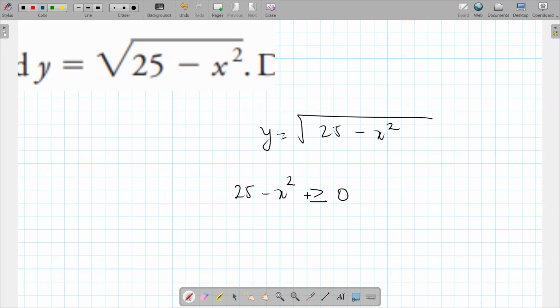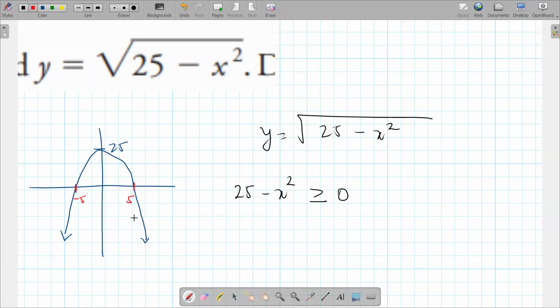So what does 25 minus x squared look like? The y-intercept is 25. Minus x squared means it's going to open upside down. It has to be greater than or equal to 0.